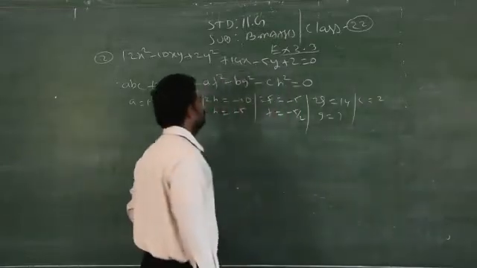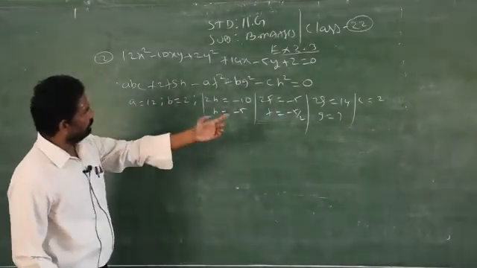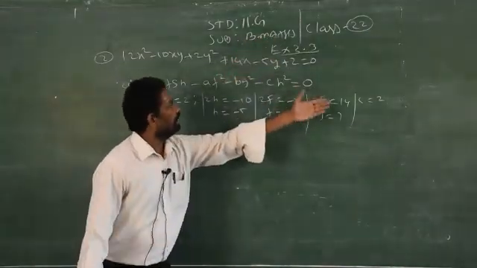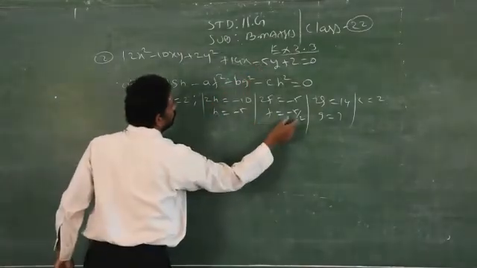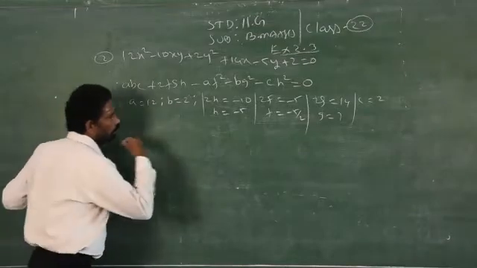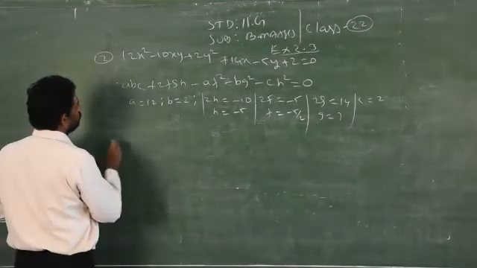That's all. So we need a, b, h, f, g. f always refers to the y coefficient, g always refers to the x coefficient, and c is the constant. Be careful of sign. Now replace everything in the formula.